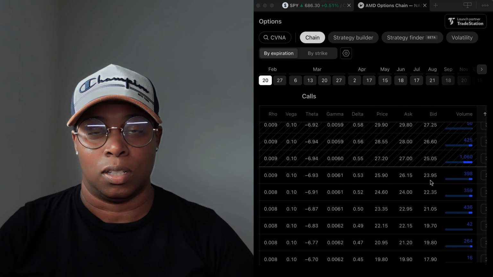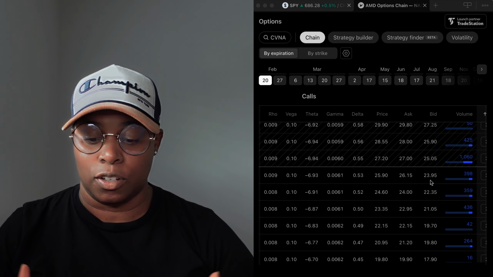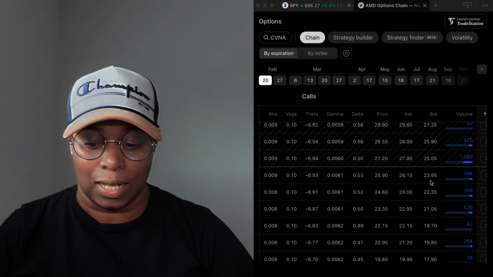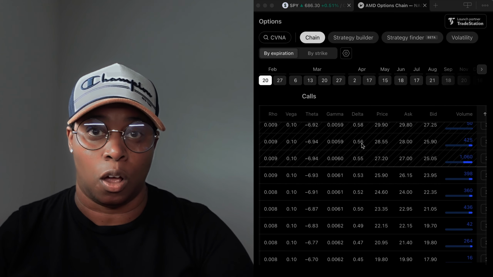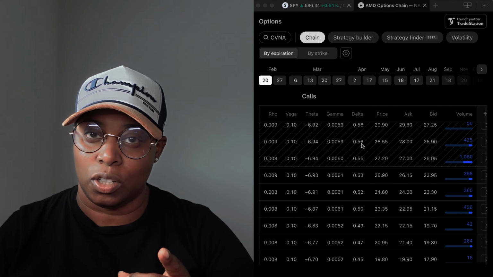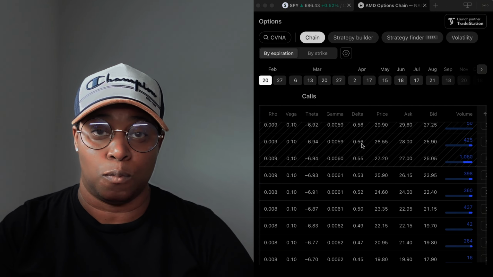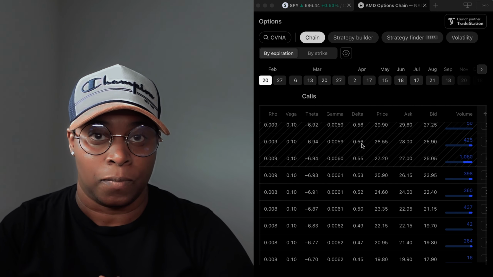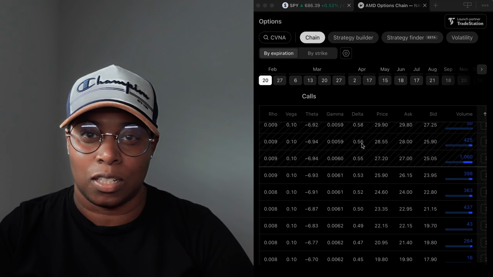Now back to the delta. If you want to make $200 on your trade, okay, you say, I need to make sure that this strike that I'm picking has a delta that aligns with the goal. But not just that. You want to make sure that you're also trading a stock that has the ability to make a move big enough for you to see your goal. Something like AMC moves a few cents on the day.